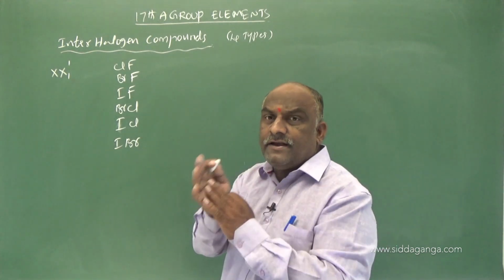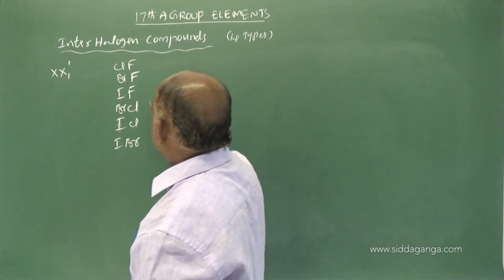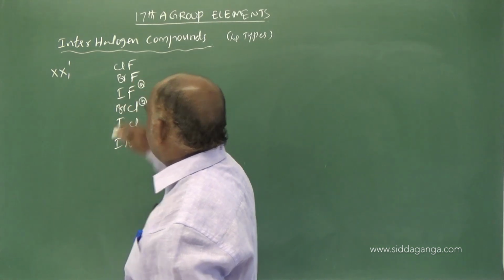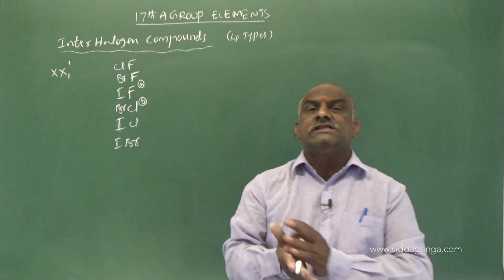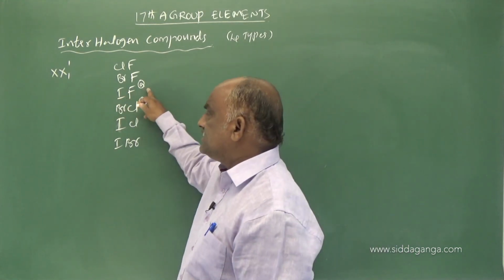In the NCERT textbook, if you observed, one table was given. In the table, there was mentioned A and B. What does A mean? A is unstable. This compound is unstable.